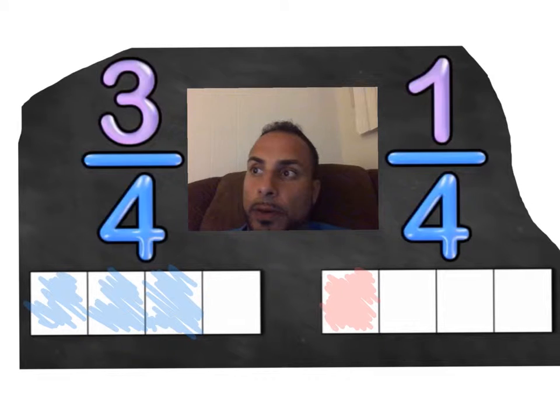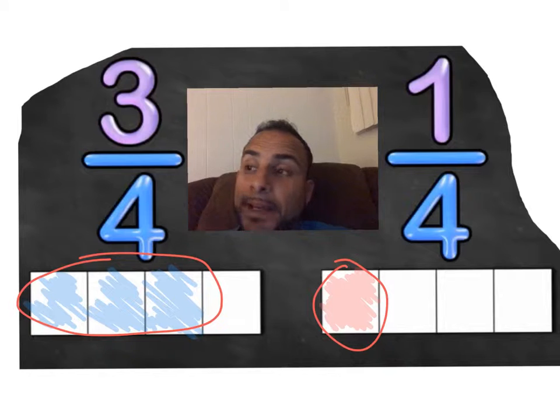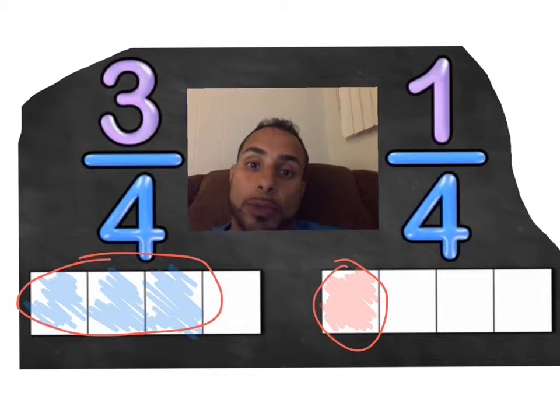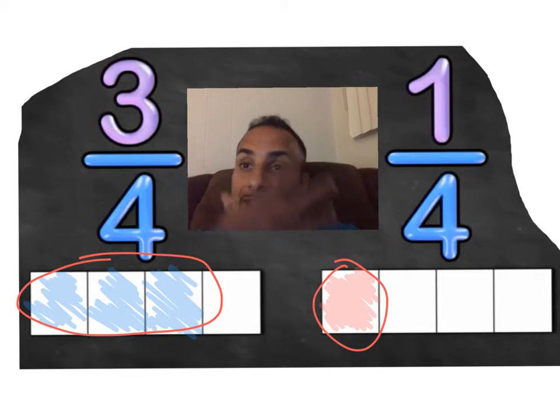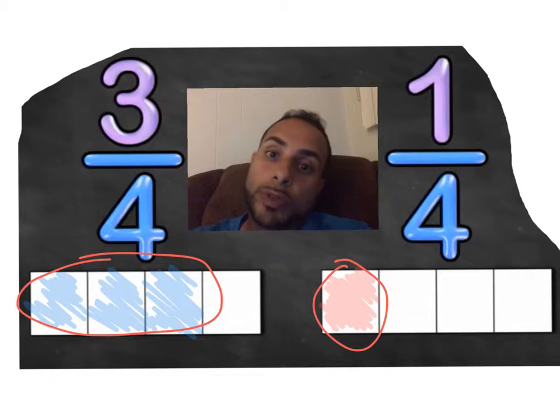So which one is bigger? Okay, you can see over here that we have only 1, but over here we have 3. So which one is bigger? If you're saying this one over here, you are correct. Now we need to learn what sign we use to put in the middle, where my face is right here. On this part, we put a sign to say which one's greater than and which one's less than.